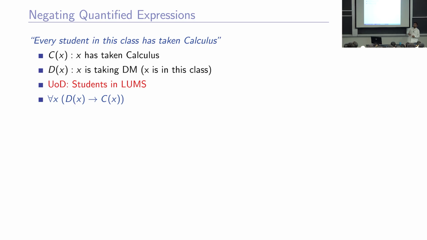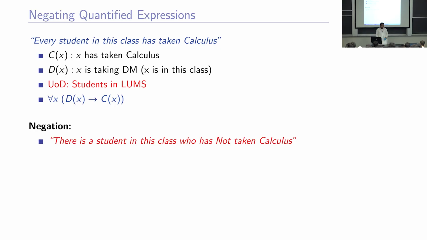Let's do the other way of translating this blue statement, when the universe of discourse was all students in LUMS. For every student x, if the student is sitting in this course, then they have taken calculus, right? The negation will be that there is some student in this class who has not taken calculus.